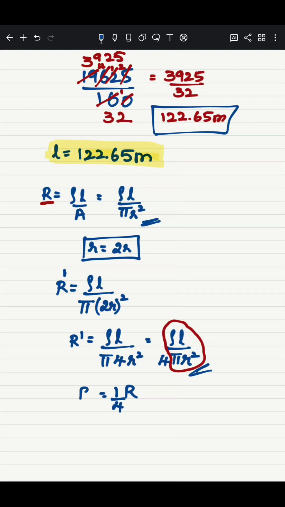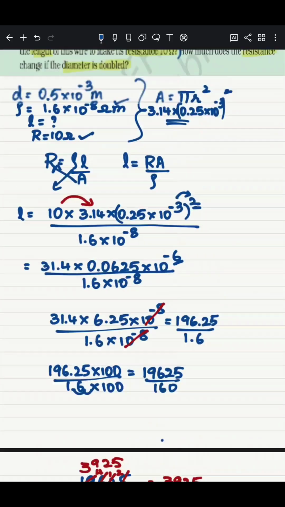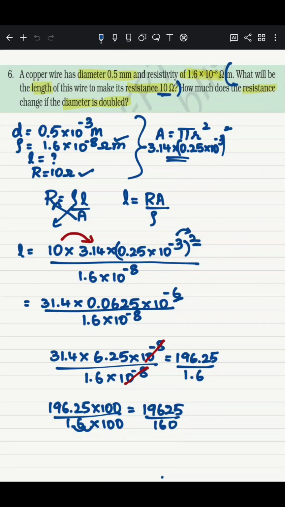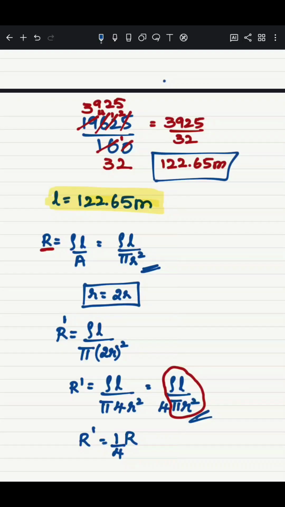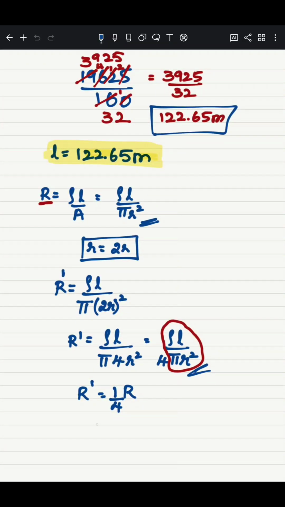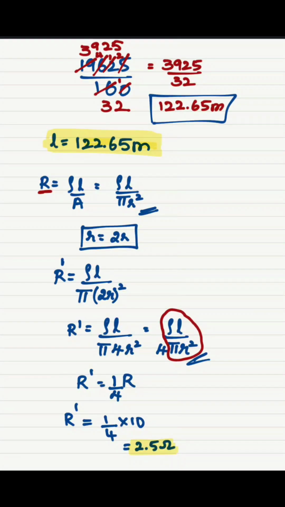So R dash will become 1/4 of the resistance. What is the value of R given in the question? It is 10 ohms. So R dash is equal to 1 by 4 into 10. What is 1/4 of 10? Yes, it is 2.5 ohms.